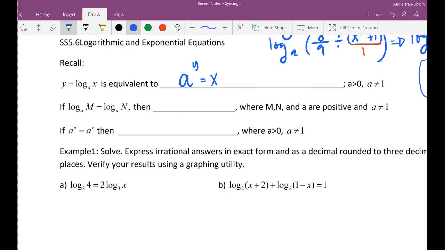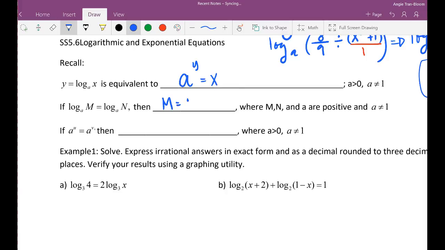Line number 2, if log base A of m is equivalent to log base A of n, what can we, Jacqueline, say about m and n? Yes, ma'am. They have to be what, class?